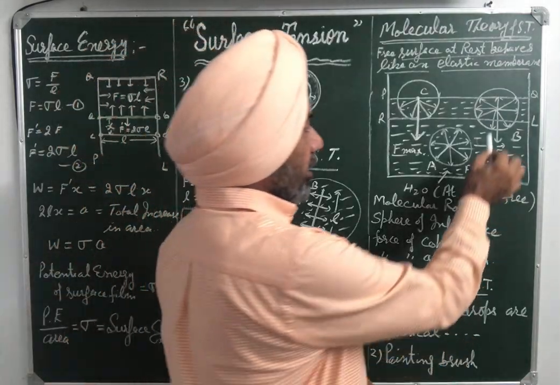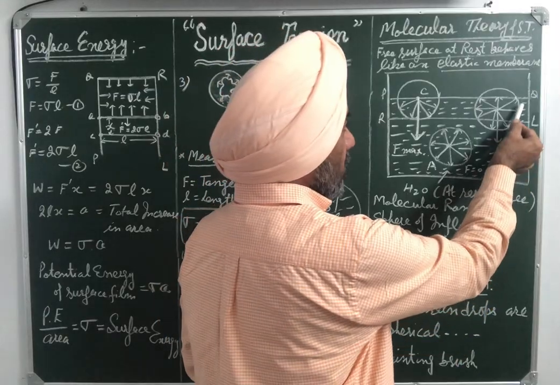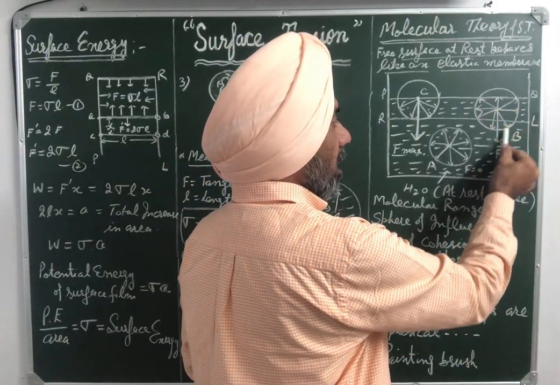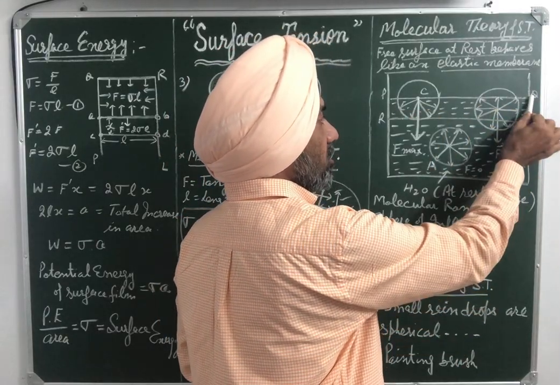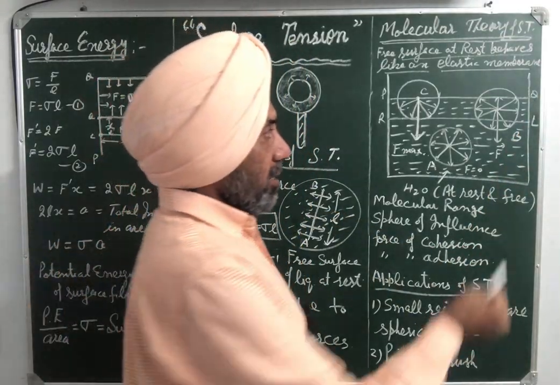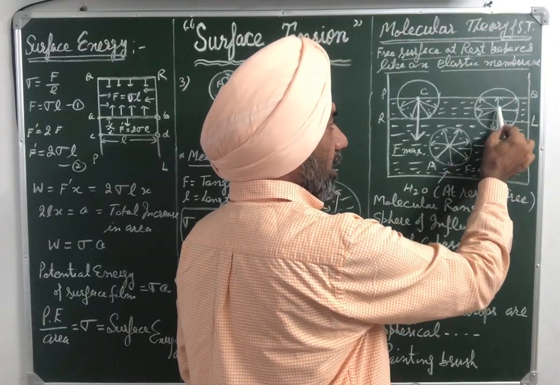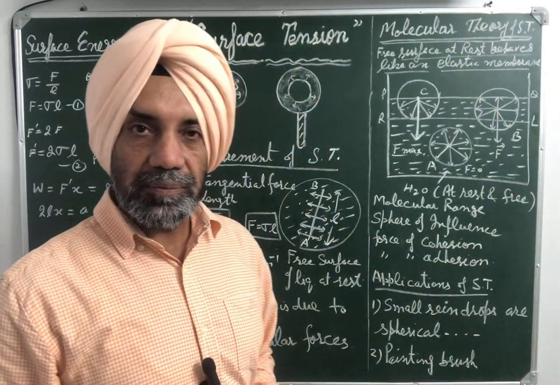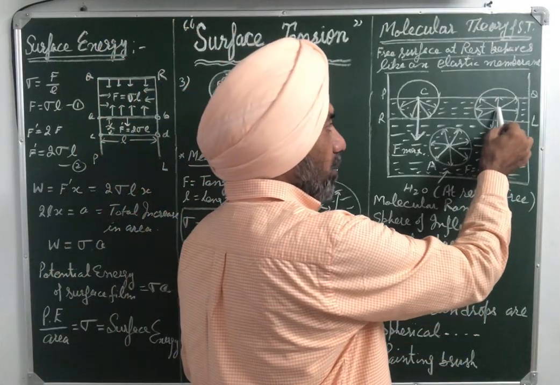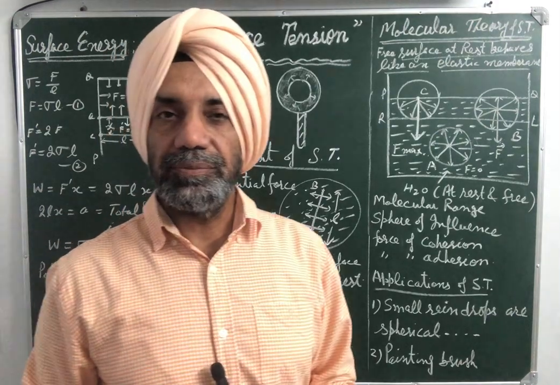So take another molecule B, so that a part of its sphere of influence lies outside the free surface of liquid, that is PQ. Then this sphere of influence has more molecules in the lower half than in the upper half. So it means this molecule will experience a net downward force.